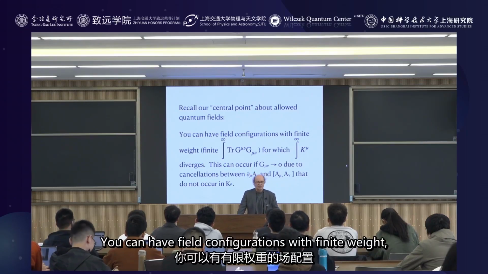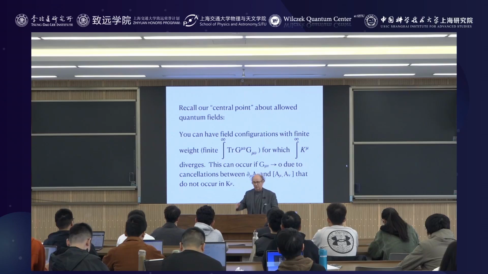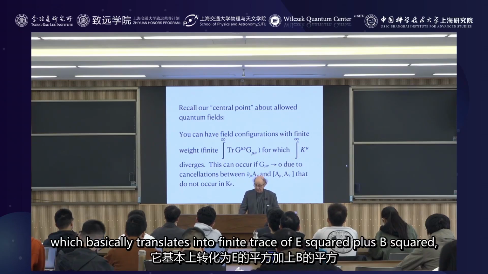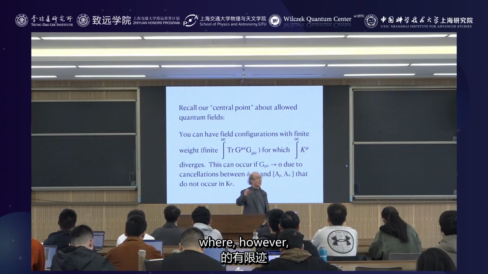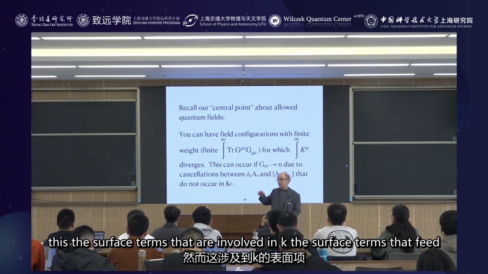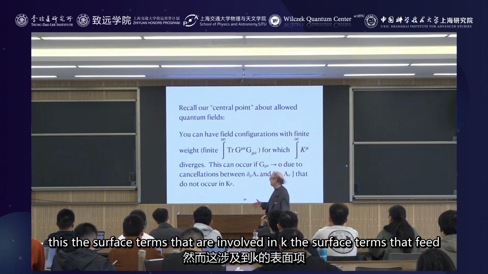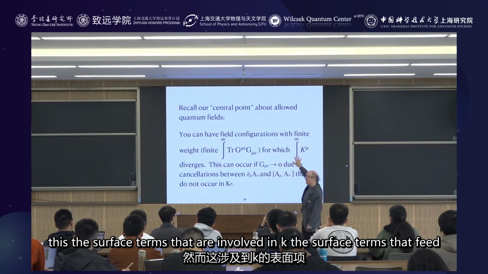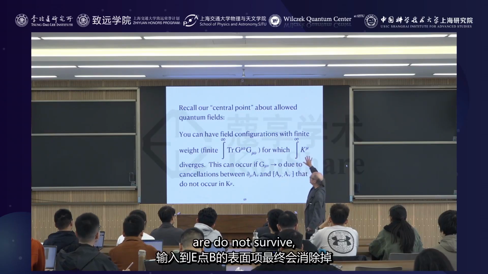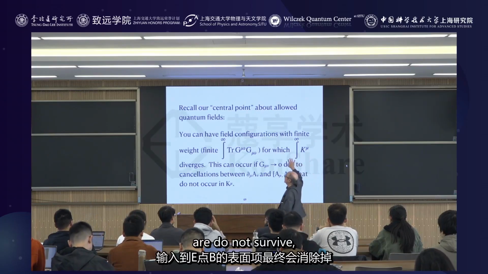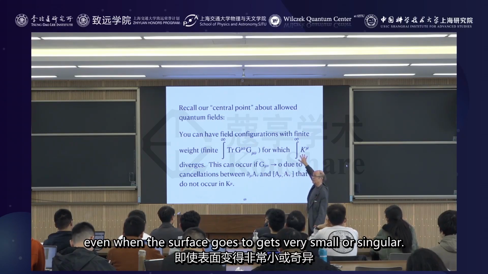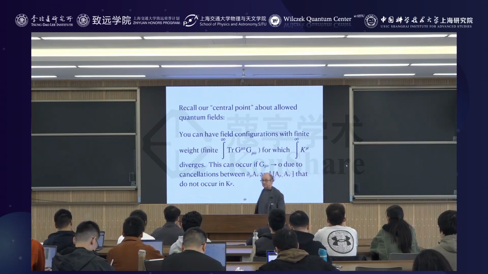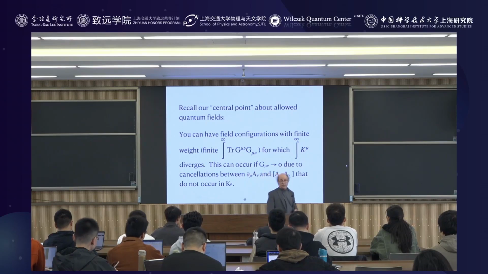You can have field configurations with finite weight, which basically translates into finite trace of E squared plus B squared, where, however, the surface terms that are involved in K, so the surface terms that feed into E dot B, do not survive even when the surface gets very small. They're singular. So that can happen.